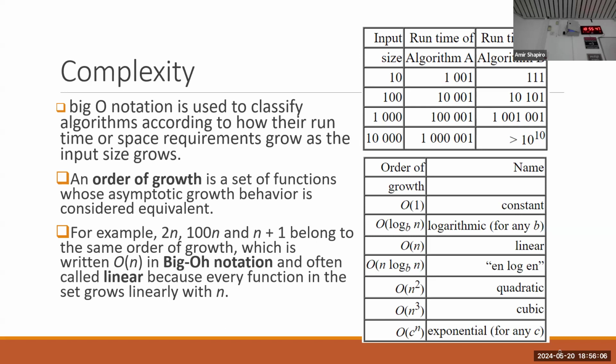And it can be polynomial, so if it's n squared or n to the 3, this is a polynomial. Order of 1 is constant. So this is a constant number of computations, it doesn't depend on the size of the input.